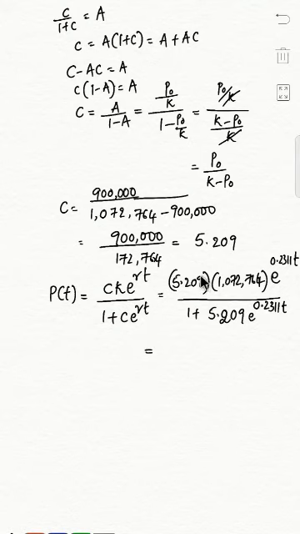Okay, you divide both the numerator and denominator by 5.209 so that you can cancel.